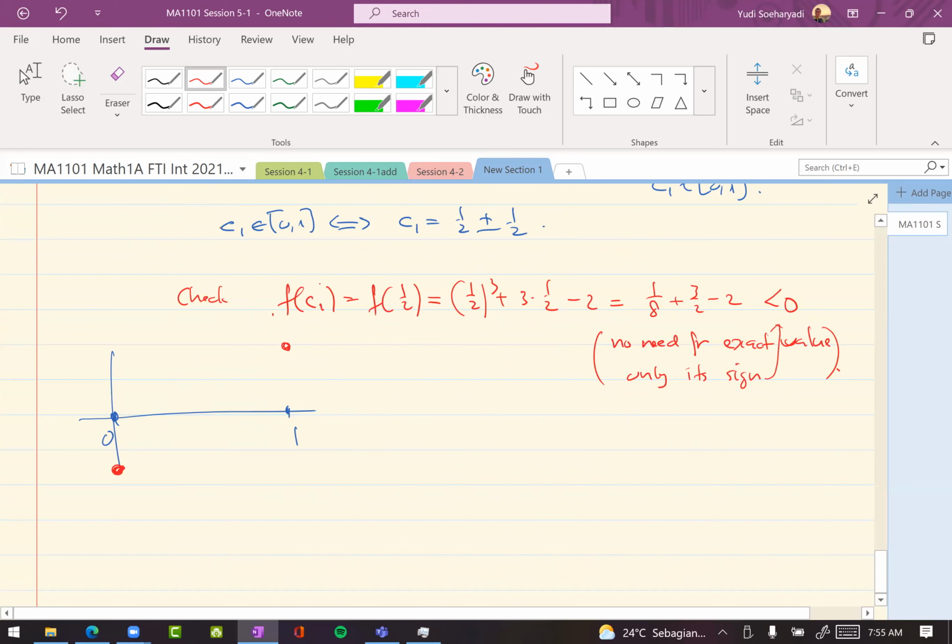Now at c1, 1/2, the value should be negative, so below the x-axis. So where should the intersection be? Between 0 and 1/2 or between 1/2 and 1? What can you say? Where's the intersection located?